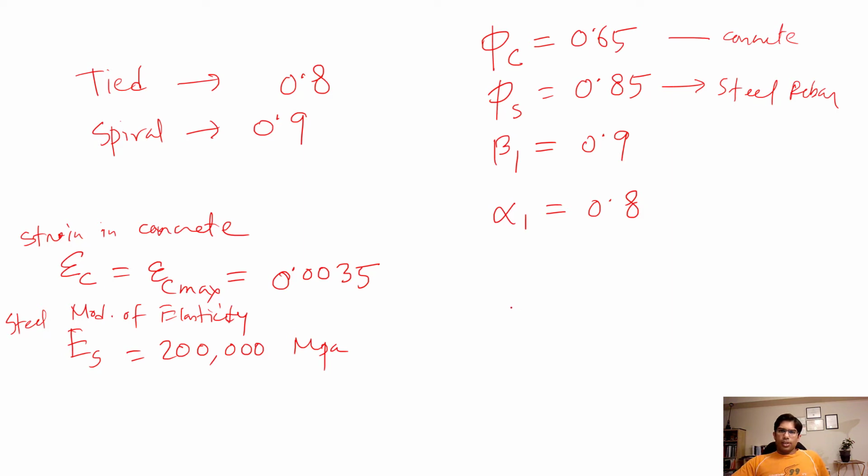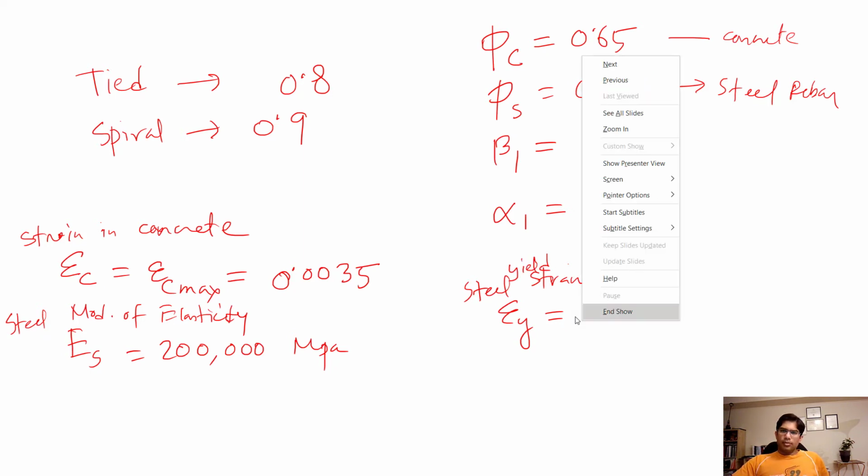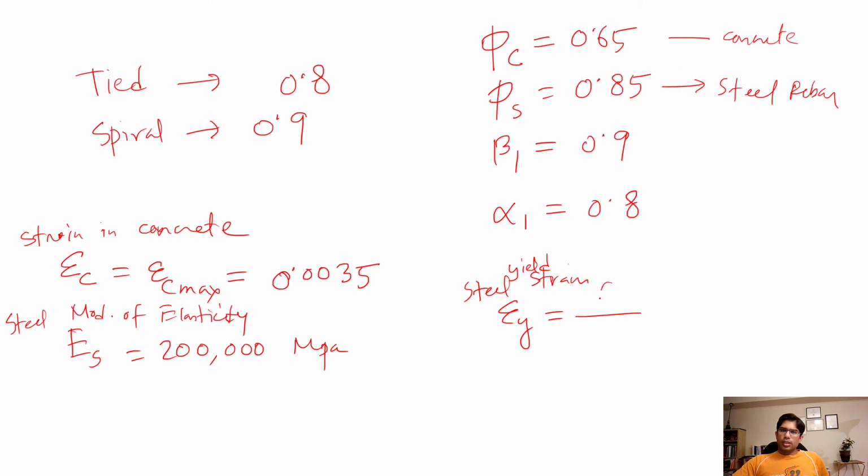And occasionally we need to consider epsilon y for steel, the yield strain. So epsilon y equals f_y divided by E_s.